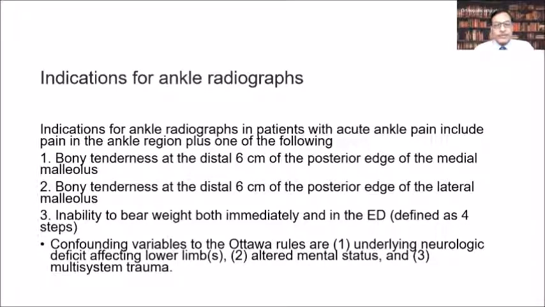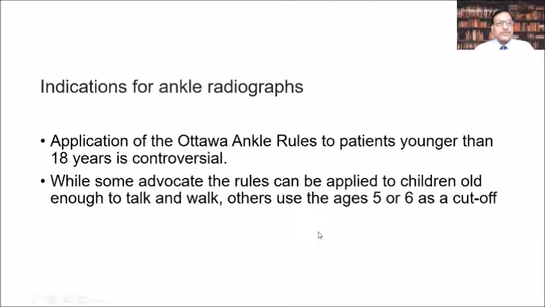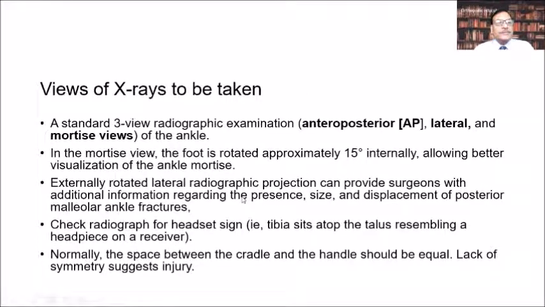There could be variables: if there is a neurological deficit, it is very difficult to arrive at a conclusion. With altered mental status and multi-system trauma, you cannot assess this. So this is the way we'll be doing it.